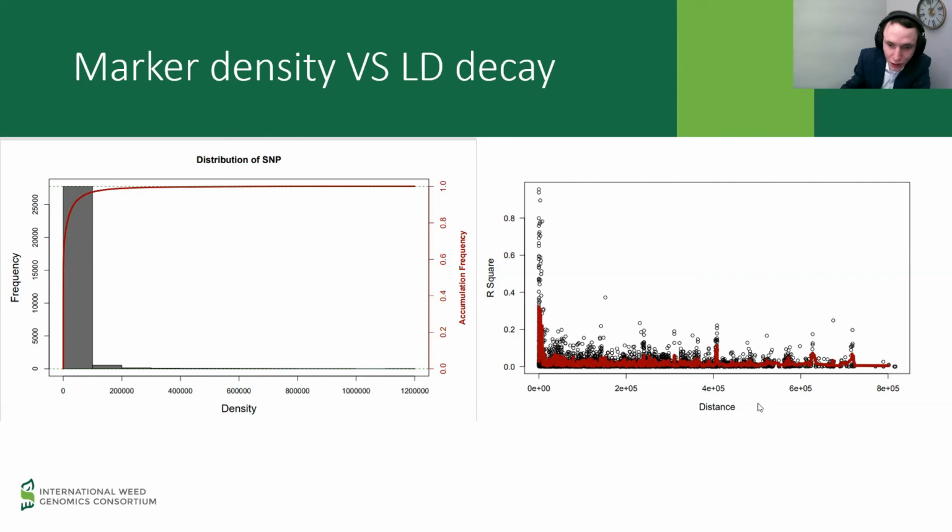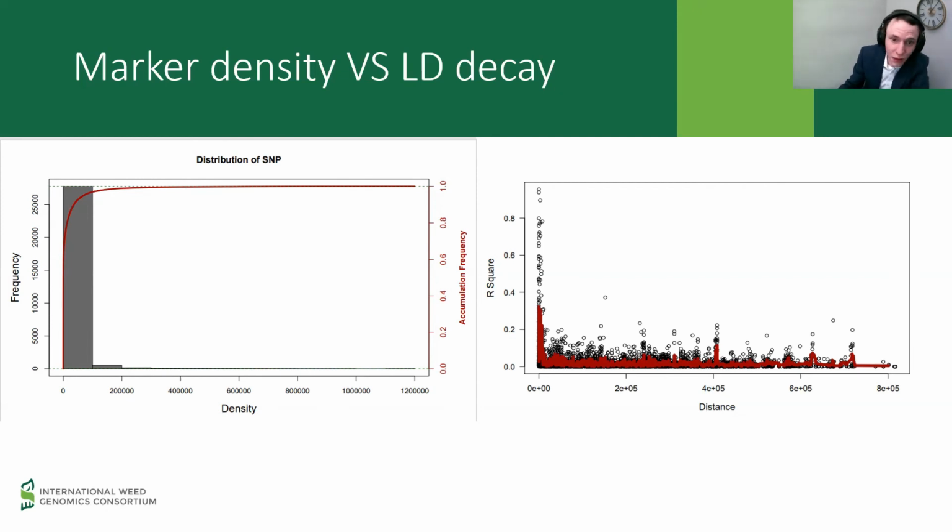The second plot, which is looking at LD decay, describes linkage blocks present within your data set. If we see a high correlation at a higher distance of marker separation, that means those two markers are associated over a longer distance, which means you probably have a linkage block.